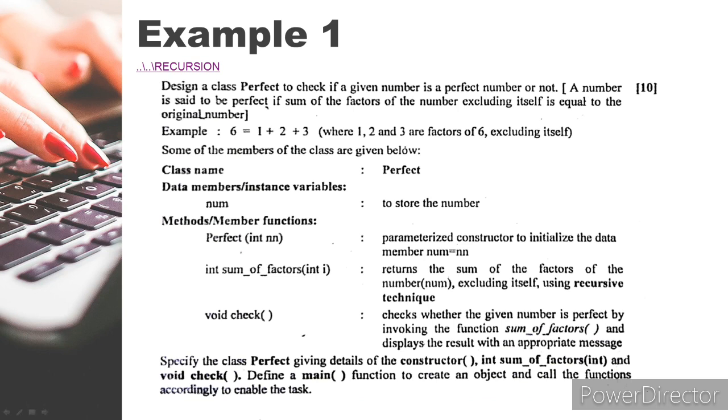Then we have to find the sum of factors and return it using a recursive technique. Then a void check and the main function also we have to define. How can we solve this? We'll discuss this program with marks division as well.